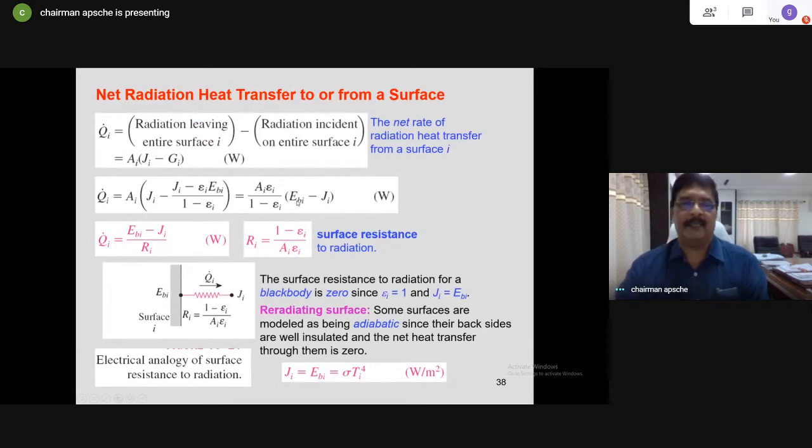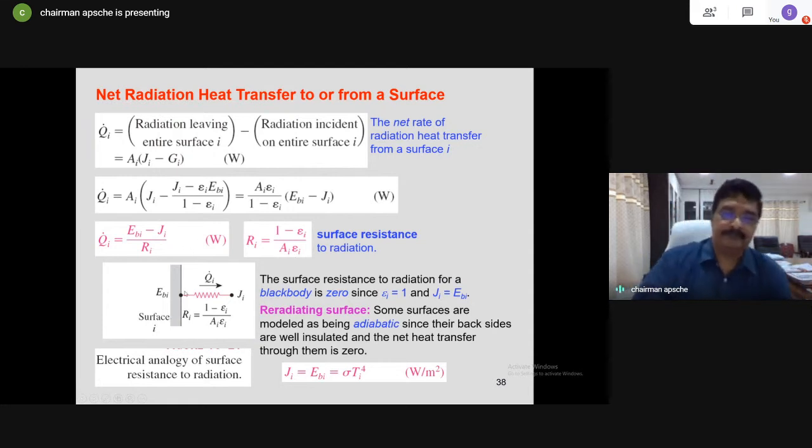If you think of EBi and Ji as the potential differences, the remaining thing will come onto the denominator, the surface resistance. I call it the radiation surface resistance of any surface, Ri, given by 1 minus epsilon i divided by Ai epsilon i. For surface 1, R1 is equal to 1 minus epsilon 1 divided by A1 epsilon 1, where A1 is the area of surface 1 and epsilon 1 is its emissivity.